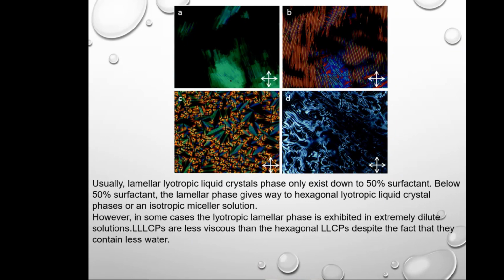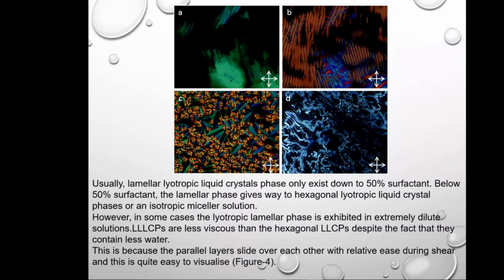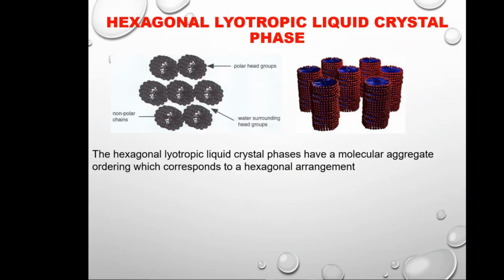In some cases, the lyotropic lamellar phase is exhibiting extremely dilute solutions. However, in general, they are less viscous than, for example, hexagonal lyotropic liquid crystal, despite the fact that they contain less water.